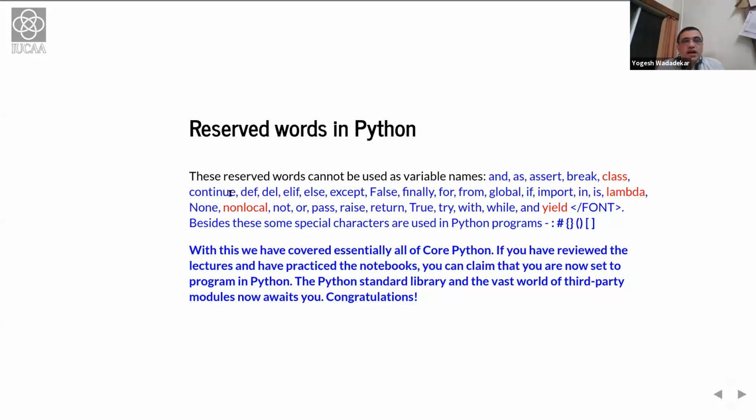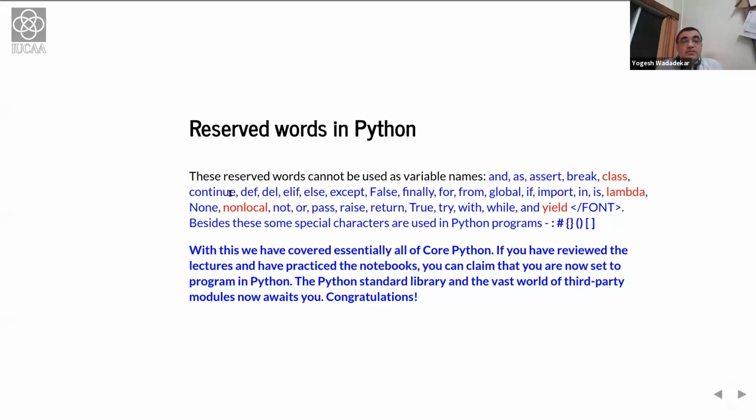And those are only 4: class, lambda, nonlocal, and yield. Okay. But everything else has been covered in the course of just about 4 lectures.